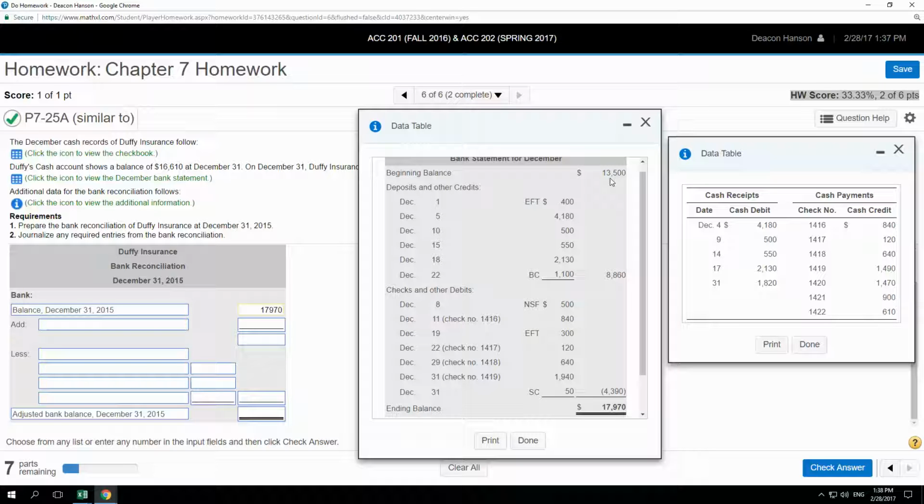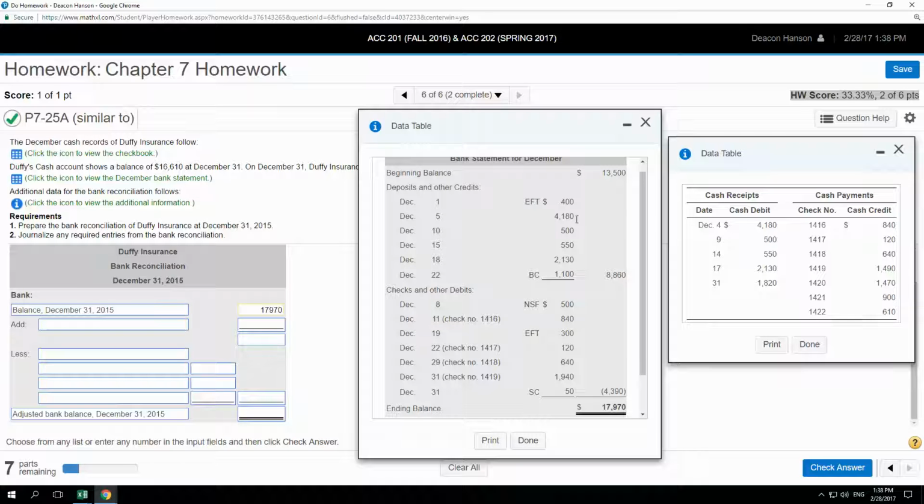You kind of look back and forth. The first thing I'm going to do is look at the cash receipts. I got a $4,180 cash receipt on my books.